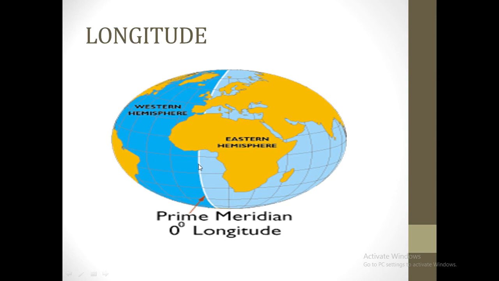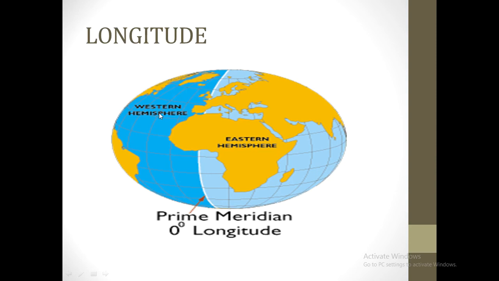The area between Greenwich longitude and 180 degree east longitude is known as the Eastern Hemisphere, and that which lies between Greenwich and 180 degree west longitude is known as the Western Hemisphere.